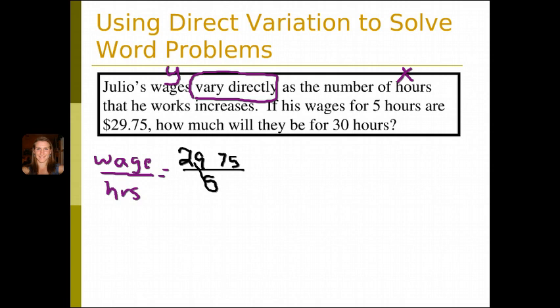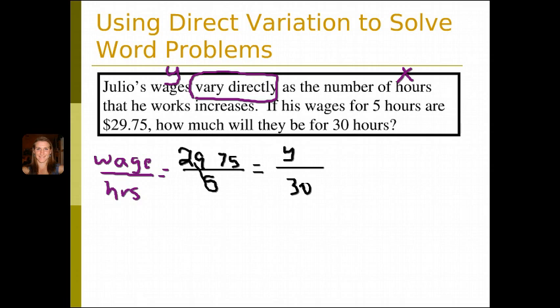Okay, and we've got to set up our proportion. Well, they want to know how much will his wages be if he works 30 hours. So 30 hours should go on the bottom. And we don't know the number of wages, so we leave our y up top.